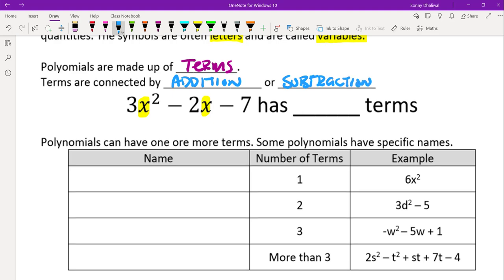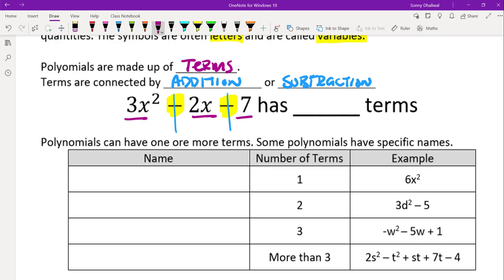Okay? So if we have this example here, right? I'm going to highlight the subtraction symbols here, right? And if I just draw maybe a vertical line through them, maybe to help separate them out, the amount of objects in between these lines, you have 1, 2, 3.